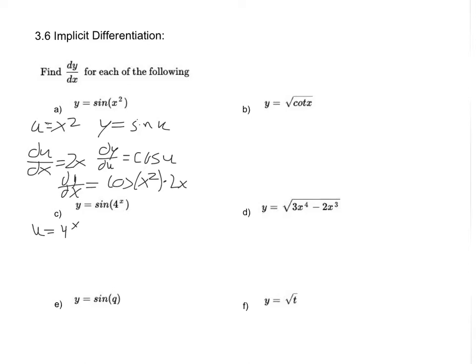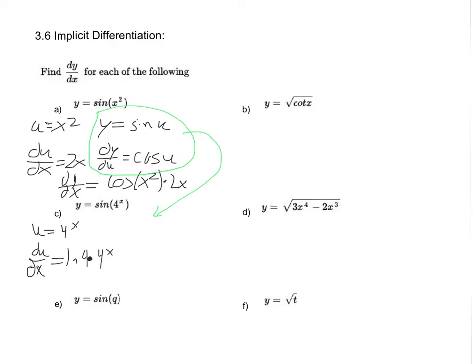So then du dx equals natural log of 4 times 4 to the x. And then this part, y equals sine of u, dy du is equal to cosine of u, that's all the same. So I'm not going to write that again.